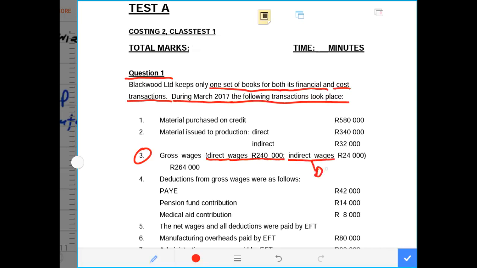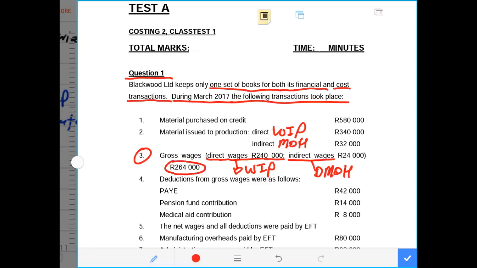All the indirect costs go to manufacturing overheads, and all the direct costs go to work in process. Same applies. Direct wage went to work in process, indirect went to manufacturing overheads. And the total of this gross wage was 264,000 rands.